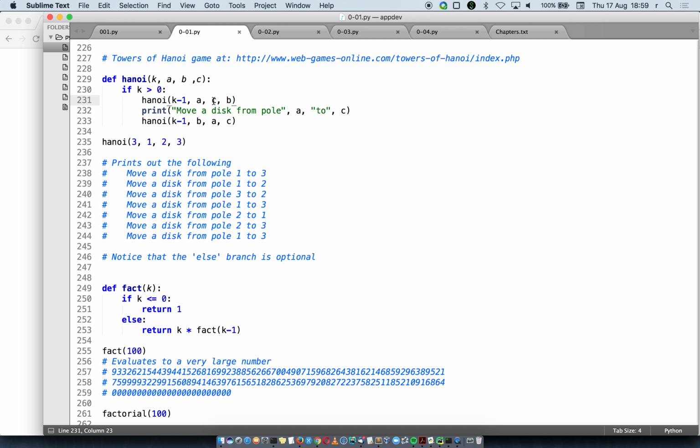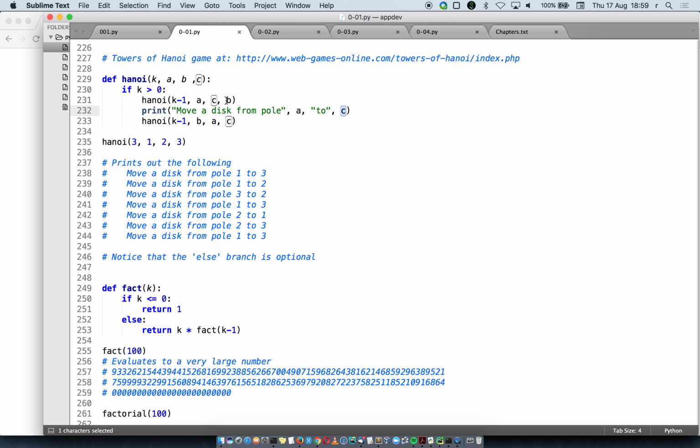Once we have moved these k minus 1, we're left with the largest disk on the first pole, so we can perform the movement from A to C. This is the largest disk being moved. And then, again, I can make the assumption that I know how to move k minus 1 disks. Where were they left?